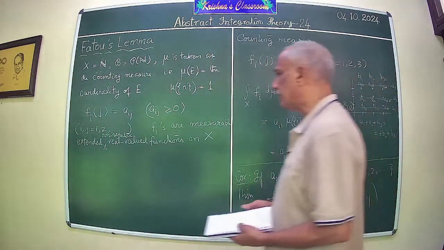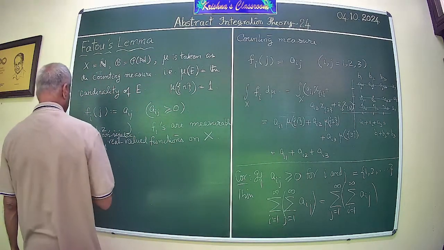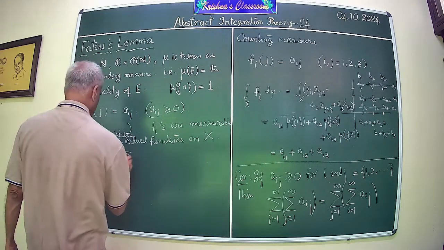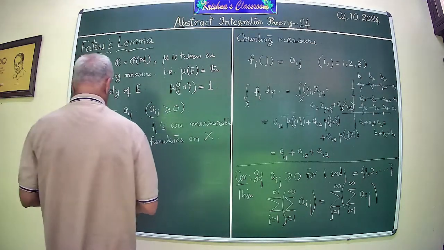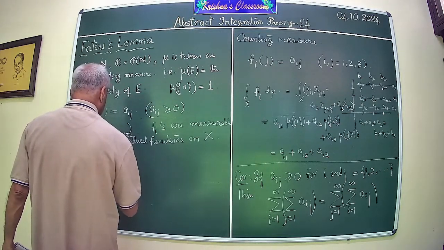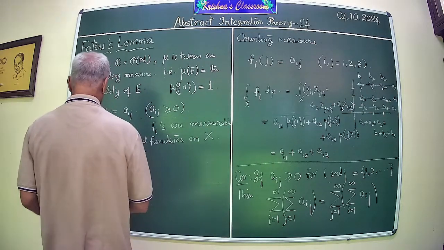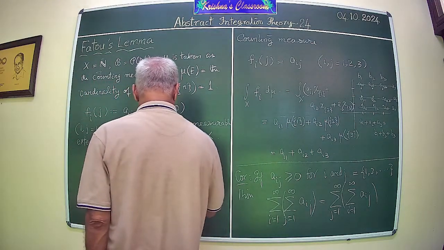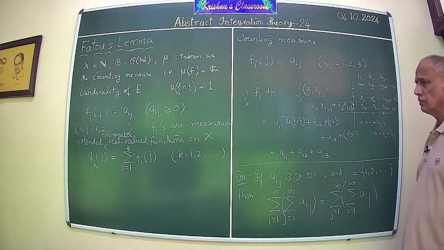Okay. Now what one does is the following. Define g_k as the sum over i equal to 1 to k of f_i. Now this you define for k equal to 1, 2, and so on. Well defined.